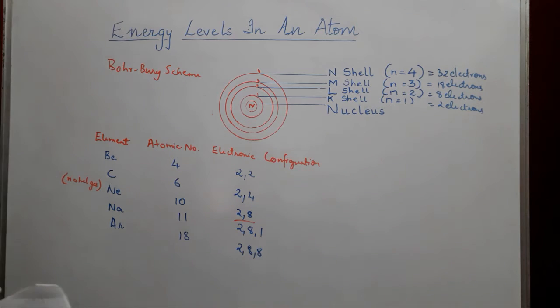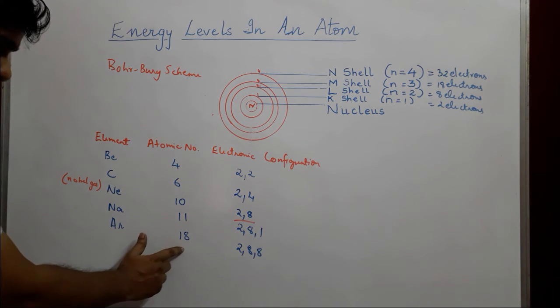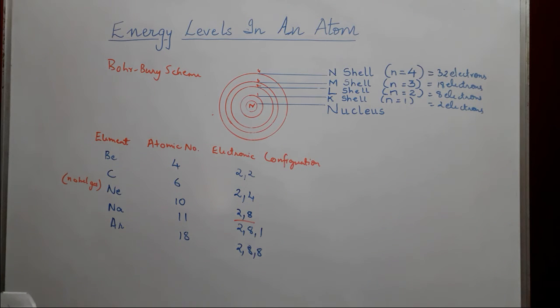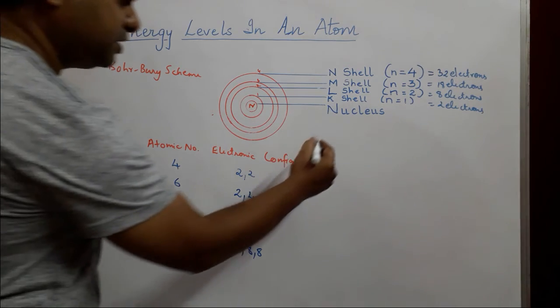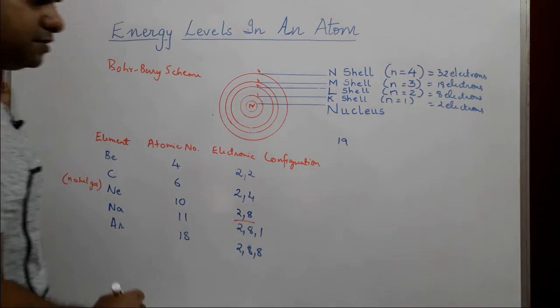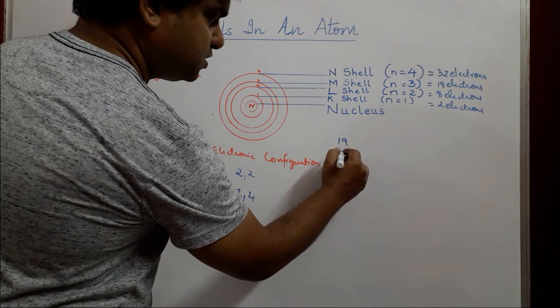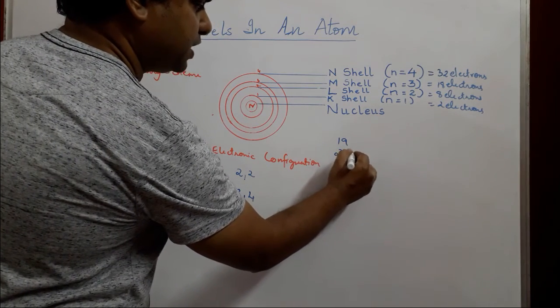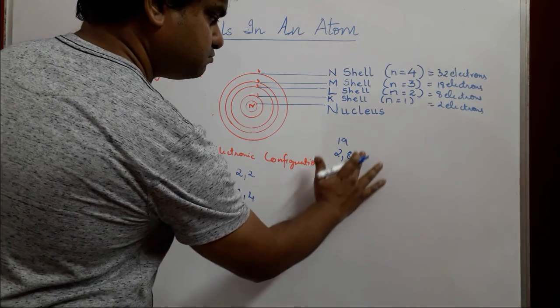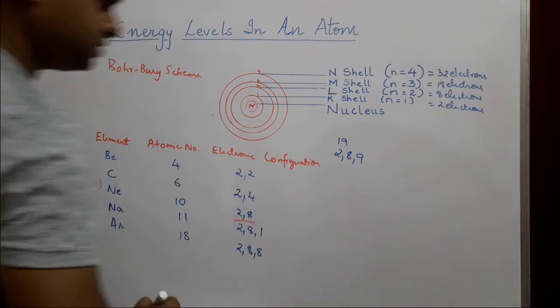So what happens with an element having atomic number 19? Let's have a look. Let's say the atomic number is 19. You would expect the configuration to be 2, 8, 9, correct?